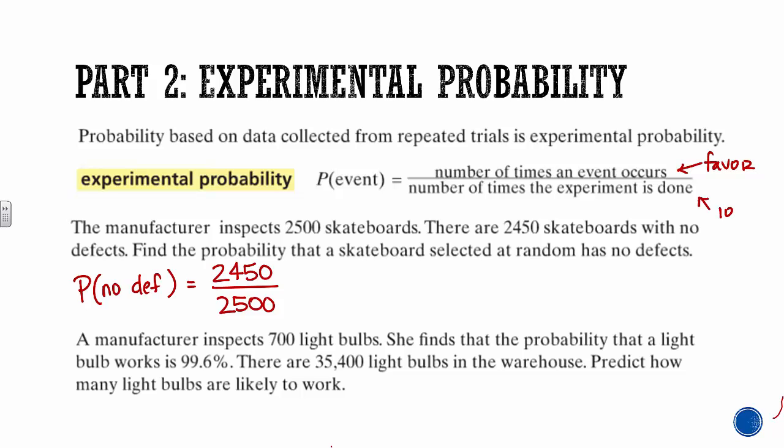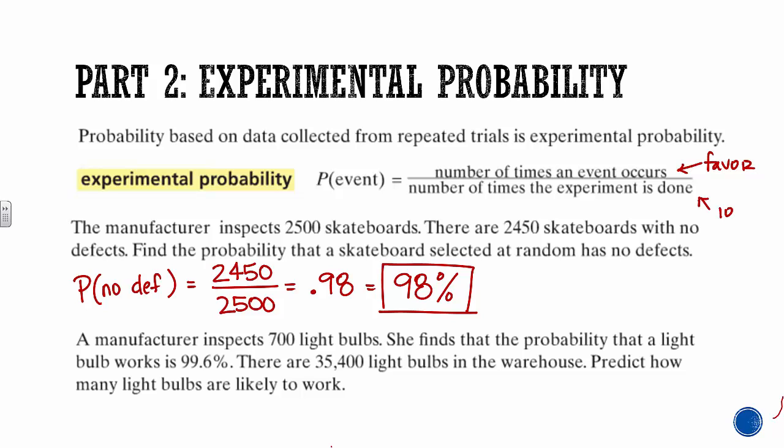If we divide these, it's going to make sense to put this into a percent. We have 0.98, or 98% of the skateboards are not defective. There's 2% that if I randomly guess, I'm going to pick one that is defective.